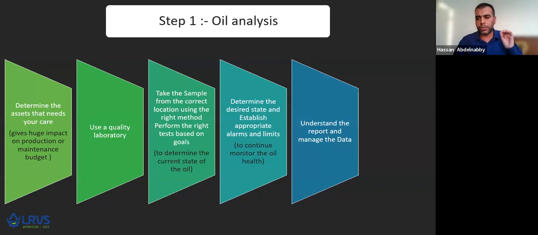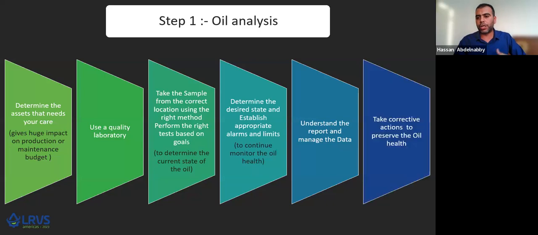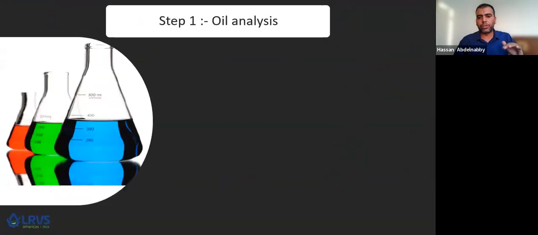But your side is to understand the report in the first place and manage the data in a proper way in order to come up with corrective action in order to preserve your oil health. So after you know what you are doing and what is the current state of your oil, you can see what is needed to be done in order to fix this problem.